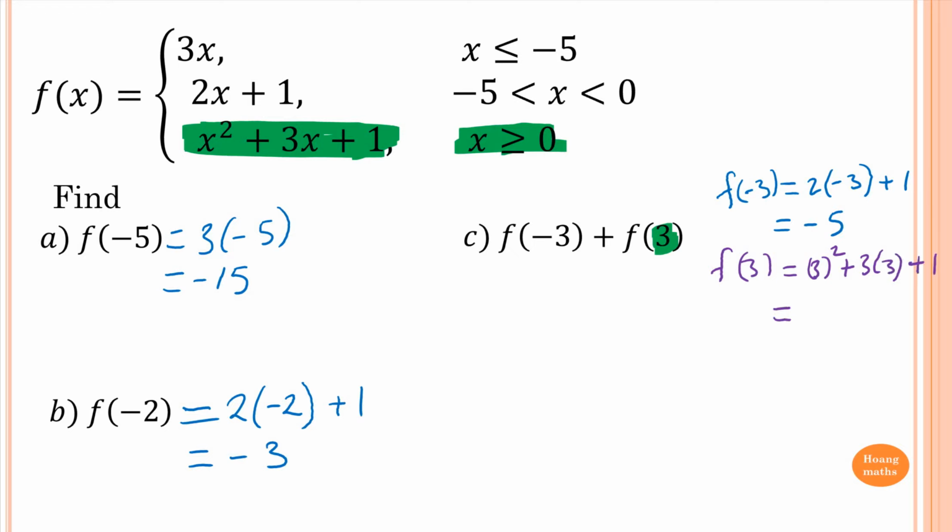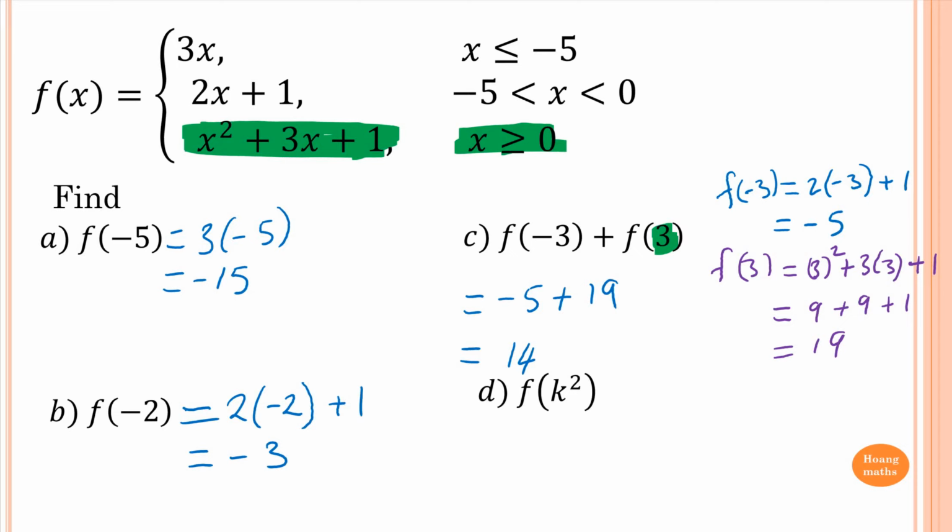So 3 squared is 9, and add 9, add 1, which is 19. So therefore f of negative 3, which is equal to negative 5, plus f of 3, which is 19, gives me 14.